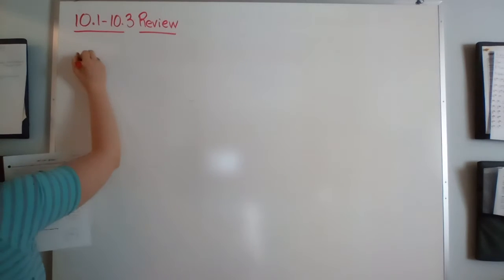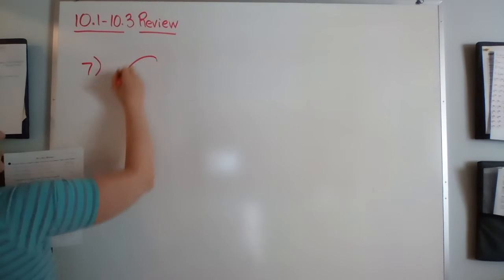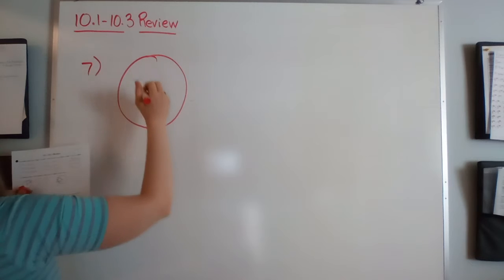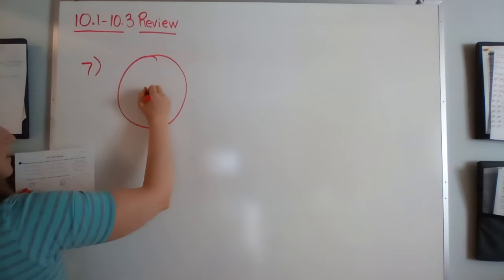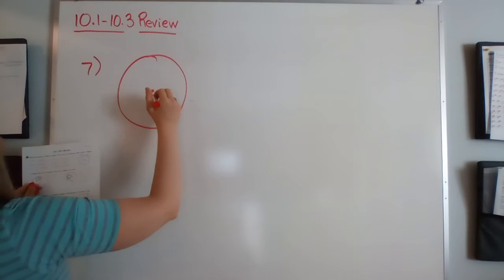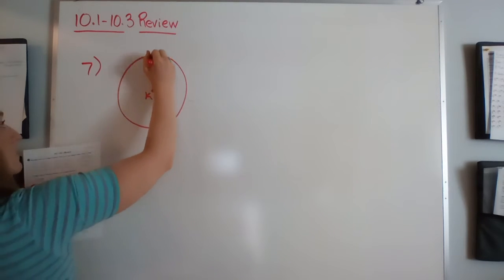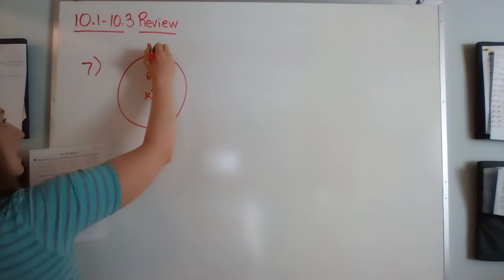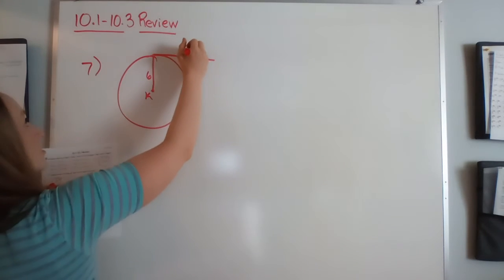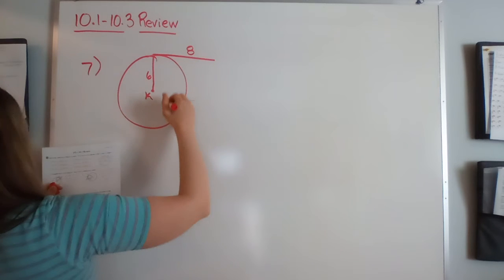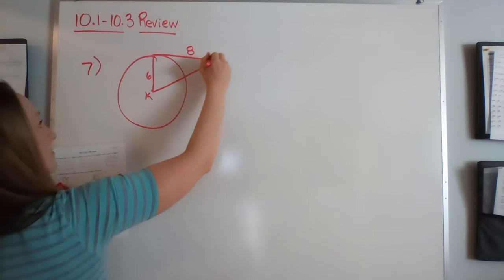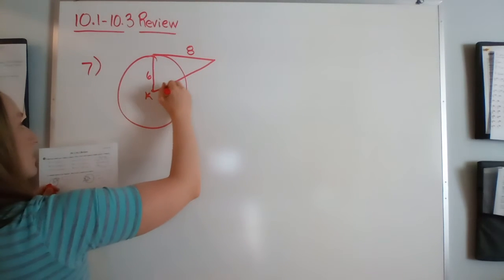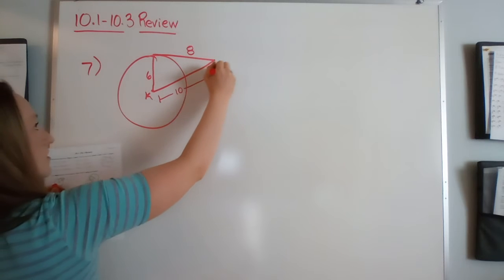So for problem 7, you're given this circle, circle K, and then we have a radius, which is 6 units long. You have this other segment, which is 8 units long, and then this segment here, which is labeled as 10 units long.